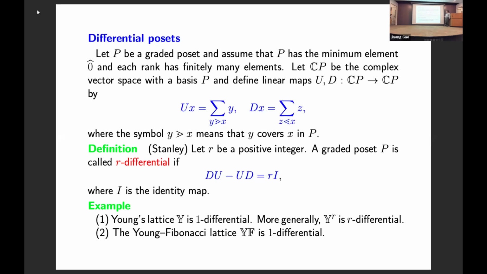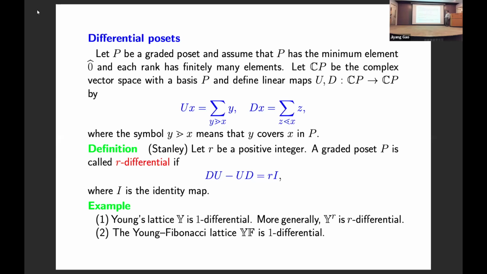So the up operator sends an element X to the sum of all elements Y, where Y covers X, and the down operator is the dual of U, or adjoint of U, and D sends X to the sum of Z, where Z is covered by X. Then Stanley defines a graded poset P to be r-differential, for a positive number r, if the commutator DU minus UD equals r times the identity operator.